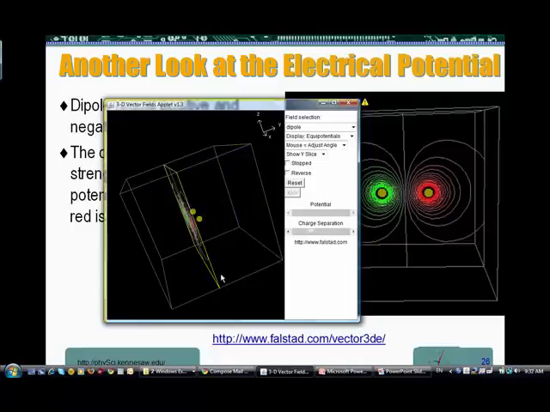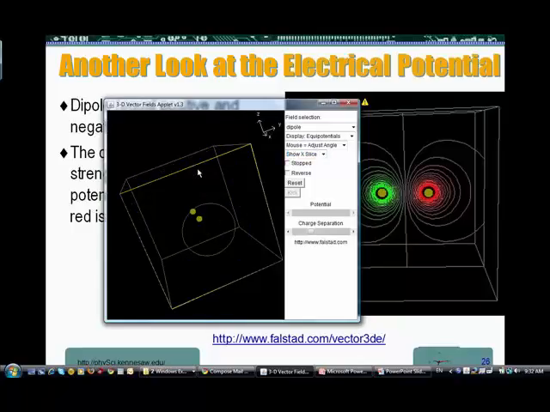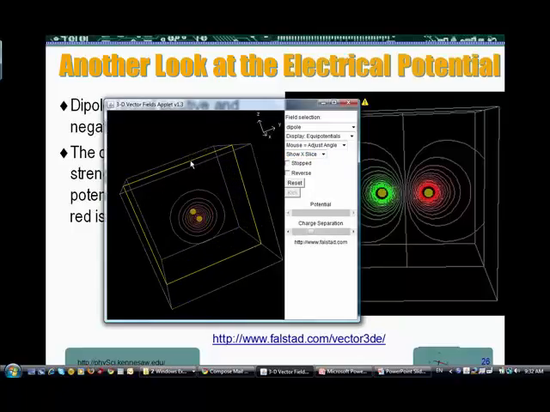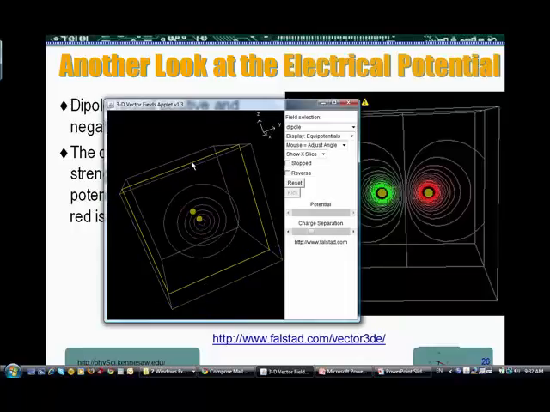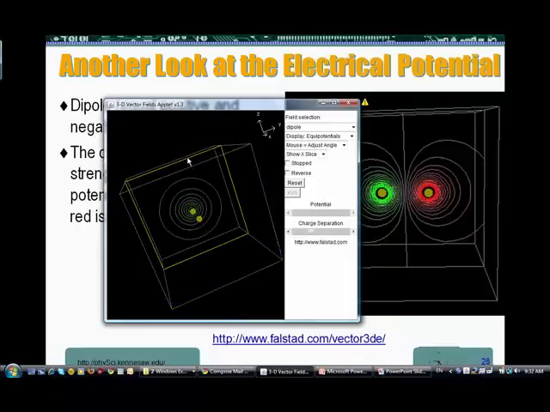Now, if I ask, for example, for an X slice, on that slice, it's going to look more circular.